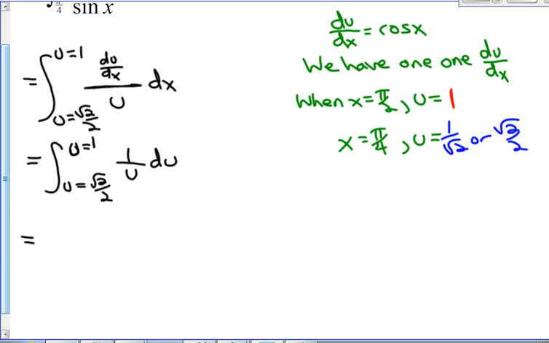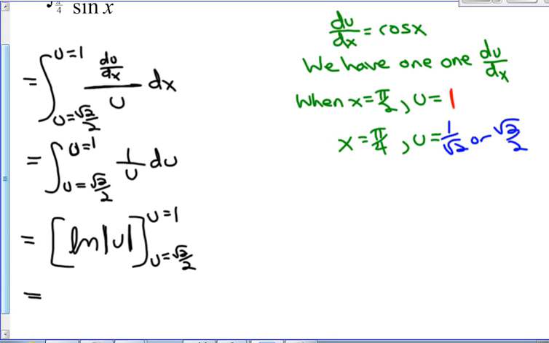Now we can integrate. The antiderivative of 1 over u is ln of the absolute value of u. And we're doing this from u equals 1 all the way up to u equals root 2 over 2. We plug those in. That'll be ln 1 minus ln of root 2 over 2.